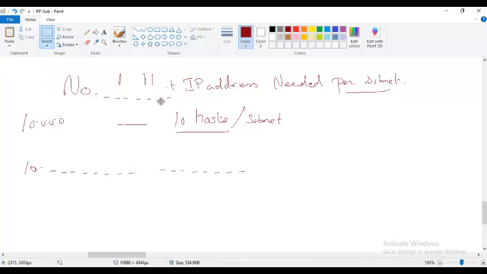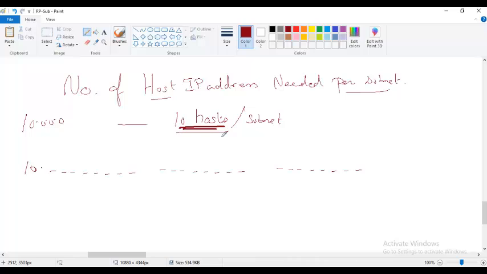So far we were trying to borrow some bits from left towards the right. For network, we were borrowing 2 bits or 3 bits or 4 bits, depending on the number of subnets. But this time it is not network, it is host. They did not give us how many subnets they want. They said in each subnet, I need 10 IP addresses. That's our requirement.